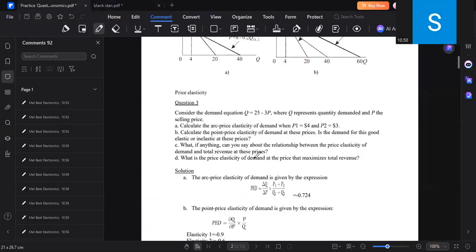So now, can you fail to answer this question? Given a demand function and P, calculate the point elasticity and state whether it is elastic or inelastic. And also we're being asked to calculate arc price elasticity and also to comment on these prices, the relationship.